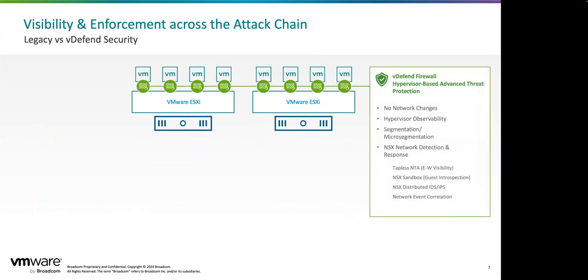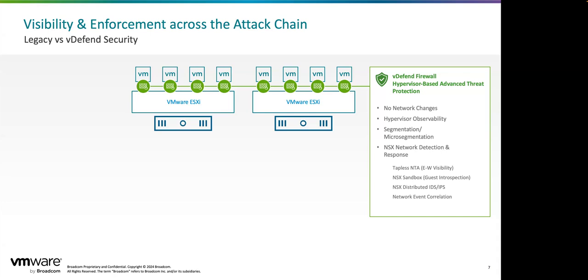If we contrast that with vDefend, vDefend leverages the distributed architecture of the hypervisor to take all of those security services and bring them closer to the workload inside VMware ESXi. These are hypervisor-based advanced threat protection. There's no network changes required.